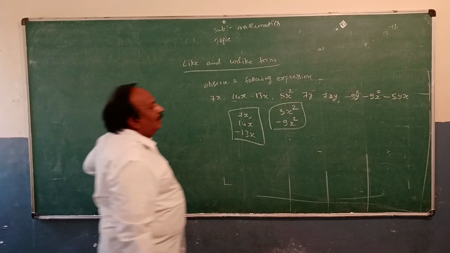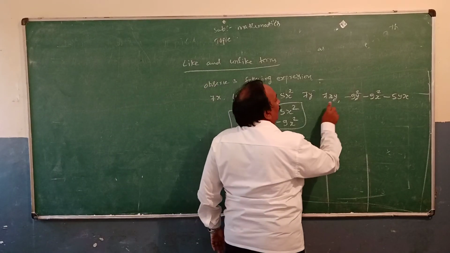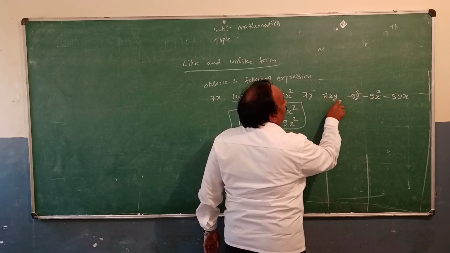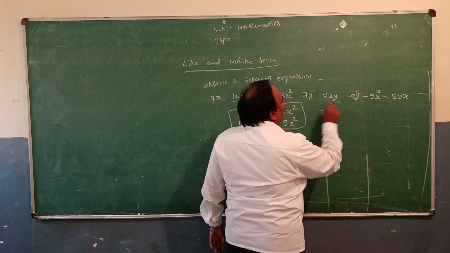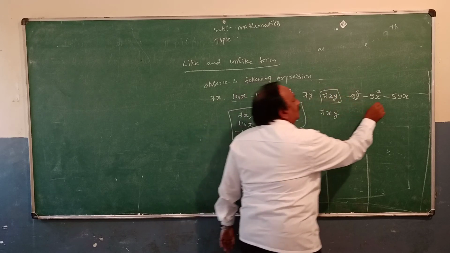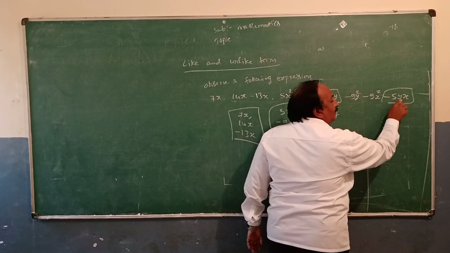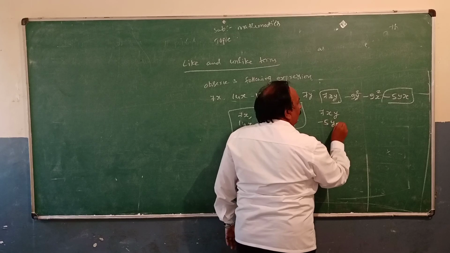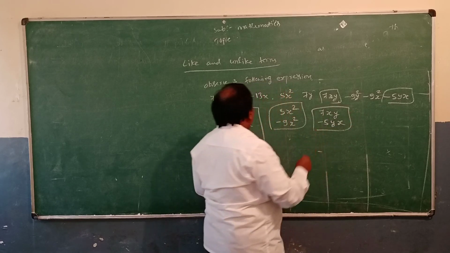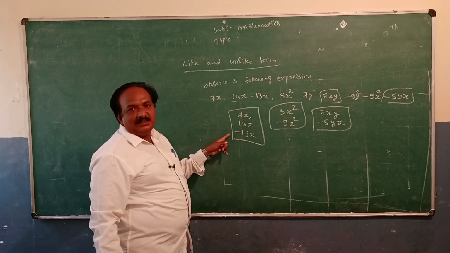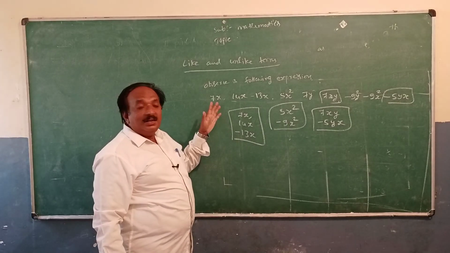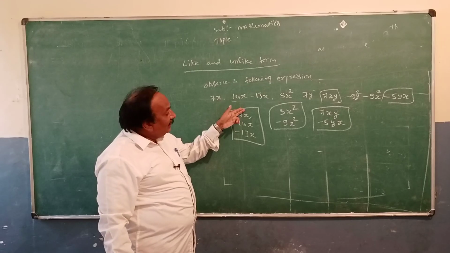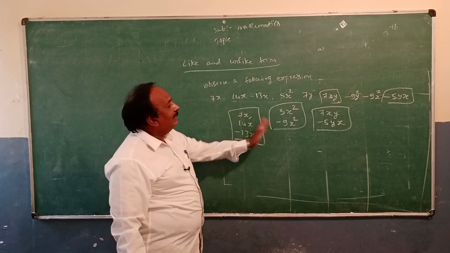Next one is 7xy and minus 5x is nothing but xy, minus x, 5x, yx. So these are all called like terms. Like terms means terms having the same variable and the same degree of variable.